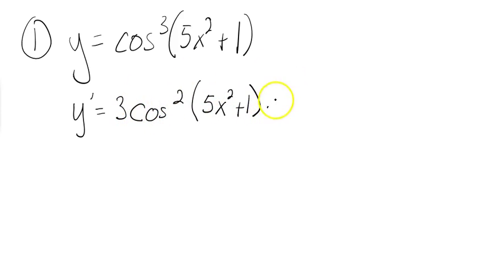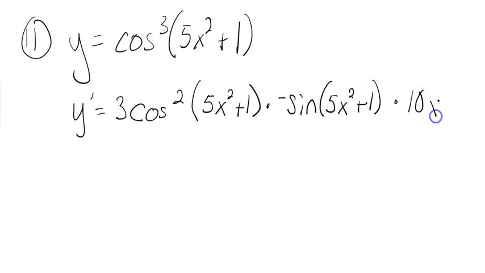Then what? Then you change the cosine to a negative sine. You take its derivative. So negative sine. Do not change what's in parentheses at this point. And then what? Then 10x. Then you do the derivative of the inside. You do chain rule. So you did the powers, then the cosine, then the total inside.